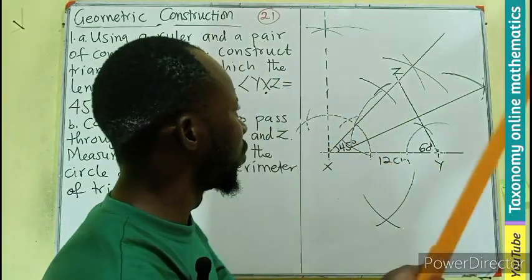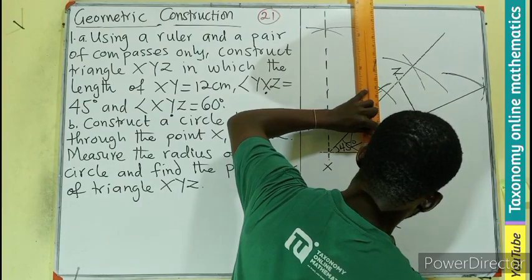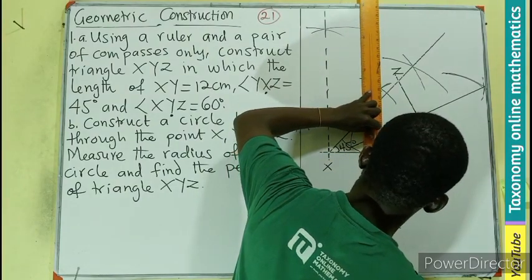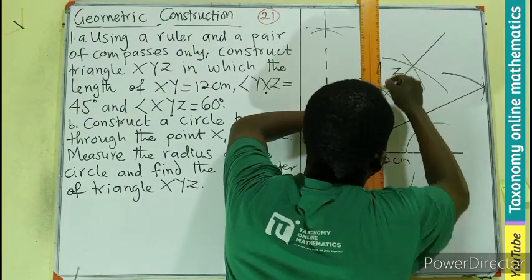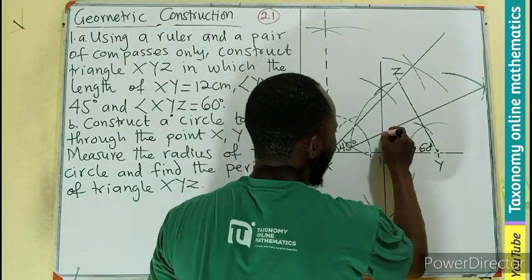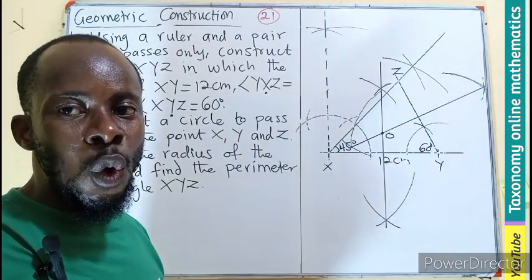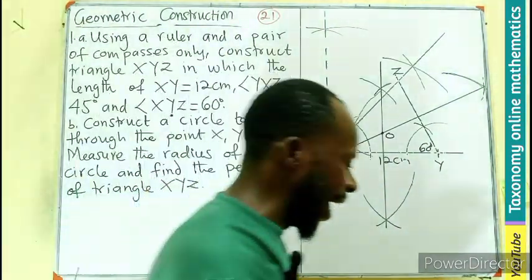I believe you're following through step by step. So the point of intersection of those two arcs, let's do that and see. Where is the point of intersection? The point of intersection becomes the O. What is the O? The center of the circle.